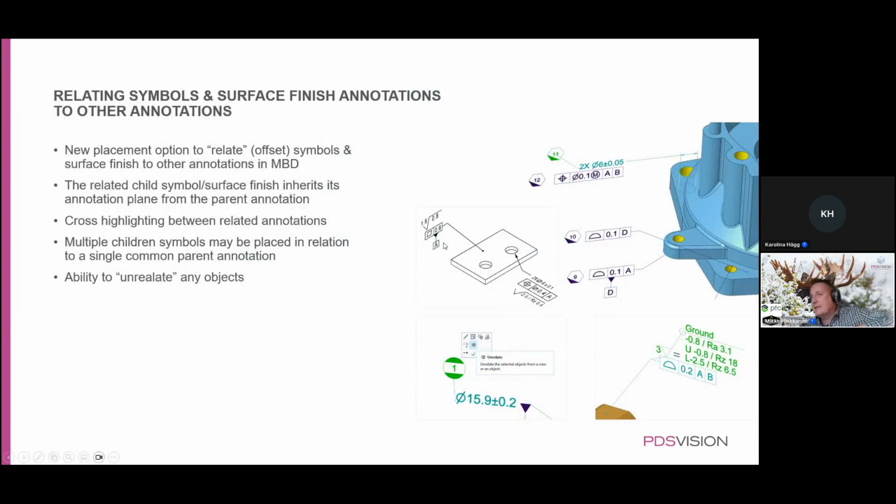Simply meaning that if you happen to have a surface flatness tolerance like in here, 0.6 millimeters with respect to base datum A, you can also attach the surface finish requirement to there. And if you move one of these, the second will move as well. It's similar to what you have had in 2D drawings for years and years. So now it's available also to MBD annotations.